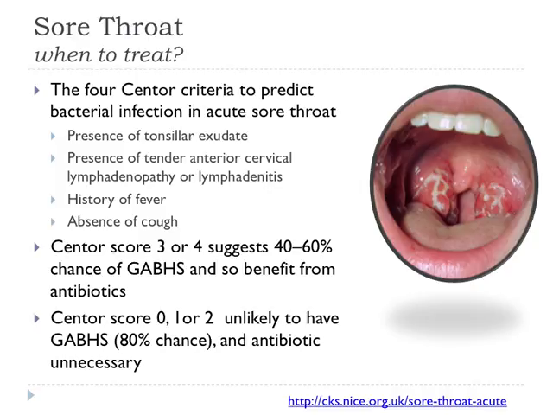If there is lymphadenopathy or lymphadenitis, particularly the anterior cervical lymph nodes, the tonsillar lymph node down here, and history of fever, and if there is a sore throat but no particular cough. So having 3 or 4 out of those suggests that, yeah, you should give antibiotics.